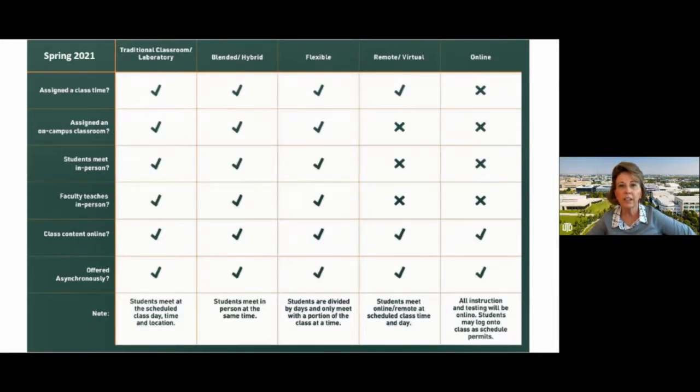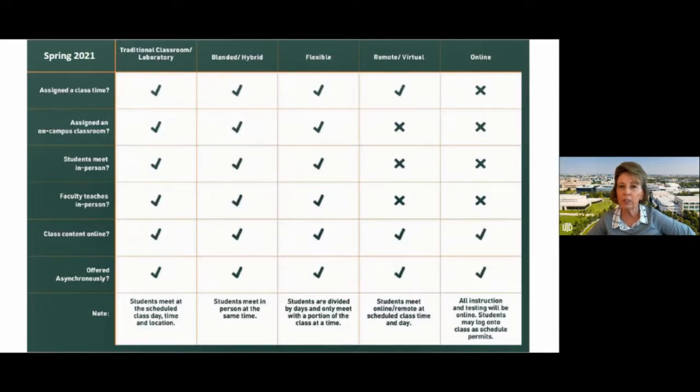So the first one is traditional face-to-face. That means you're choosing to come be in class, on campus, with a faculty member in a socially distant classroom. So the faculty member will have on a face mask, you'll have on a face mask, you'll be 6 feet from the people that are in the classroom with you. So that's traditional face-to-face.